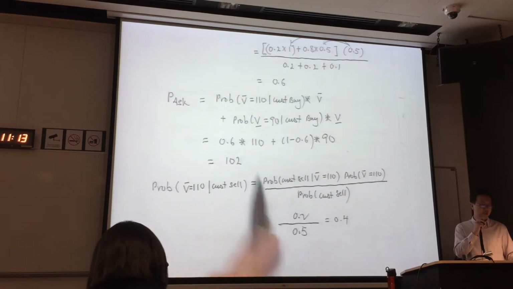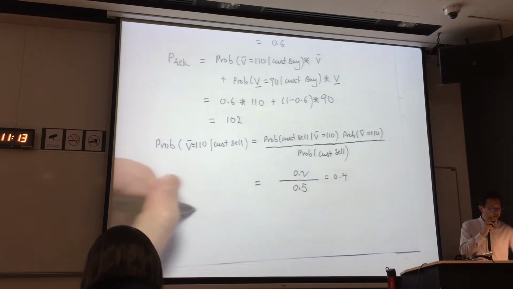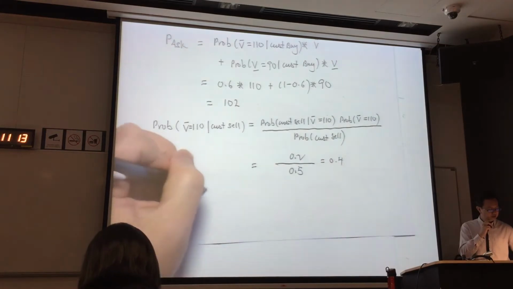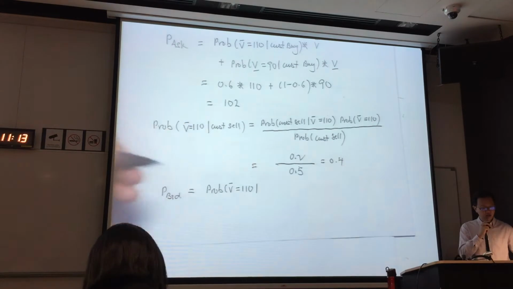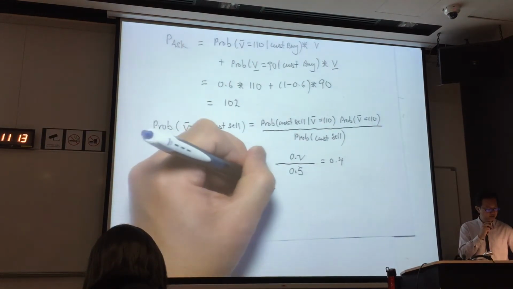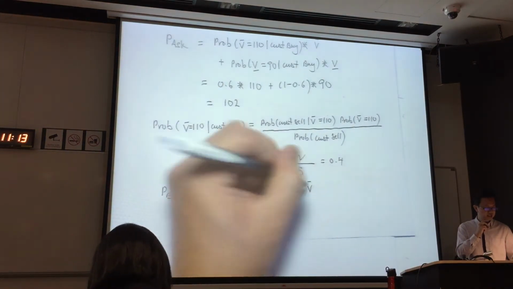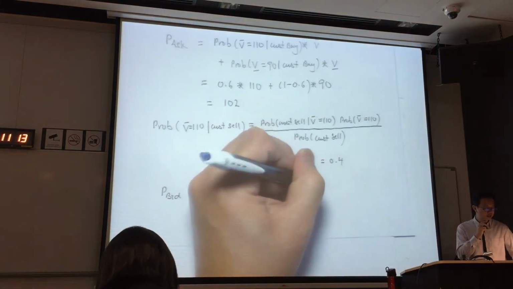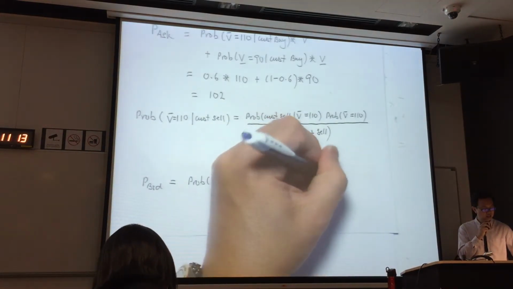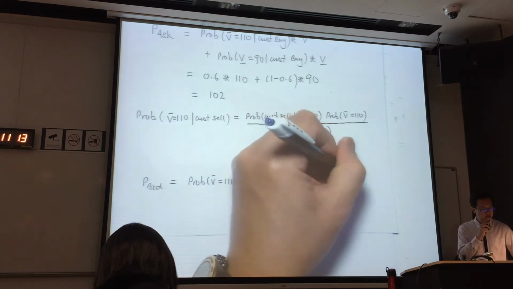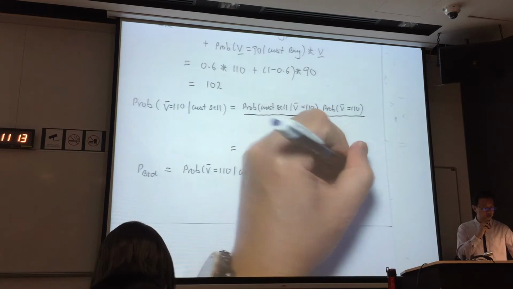Got it? So now we have this probability, we can work out the bid price. The bid is now based on the probability that the value is 110, given that the customer has sold, not bought, multiplied by the high value, plus the probability that the value is low, equal to 90, conditional on the customer selling, multiplied by the low value.